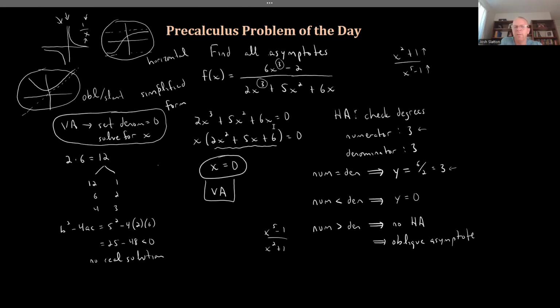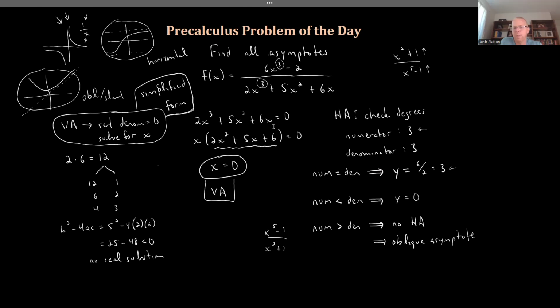Anything that crosses out would not be a vertical asymptote. That would actually be a hole in the graph, which we'll probably talk about in another video as well. Before you start finding all these, make sure you're in simplified form. Factor everything, cancel everything out. Then set the denominator equal to 0. Anything you're left with that makes it equal 0 is a vertical asymptote.